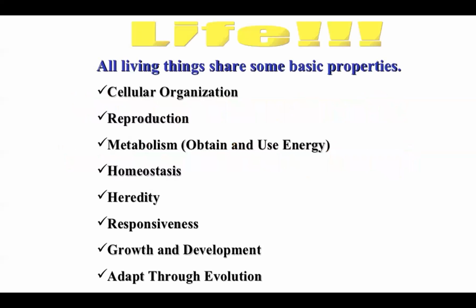So let's look at these basic properties of life. Go ahead and jot these down. You should have each of these right now from your annotation guide. All living things share some basic properties. One is that there's some type of cellular organization. What does that mean?